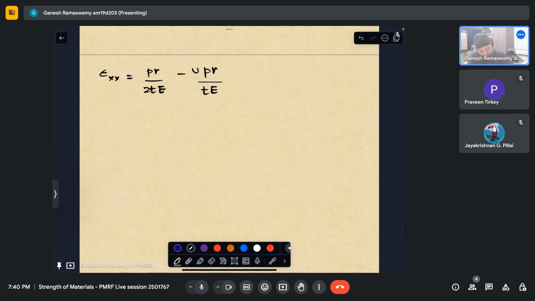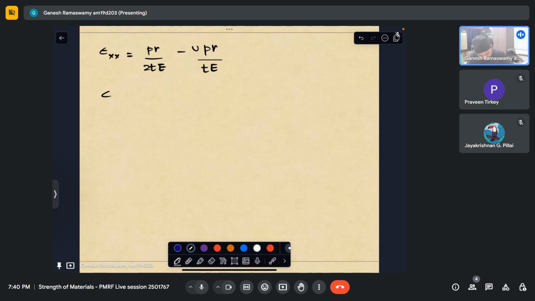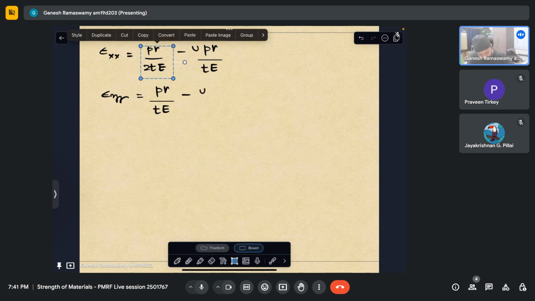Similarly, epsilon yy will be this quantity, without the mu, minus mu into this. So these are the two relations.